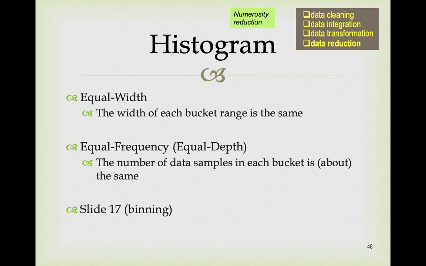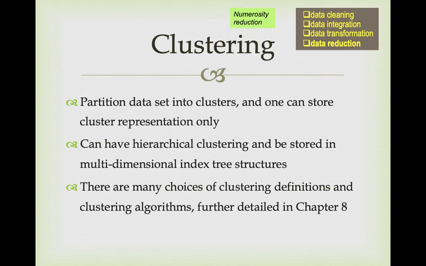Clustering in numerosity reduction partitions the data set into clusters, and one can store the cluster representation only. It can use hierarchical clustering and be stored in multidimensional index tree structures. There are many choices of clustering definitions and clustering algorithms, further detailed in chapter 8.